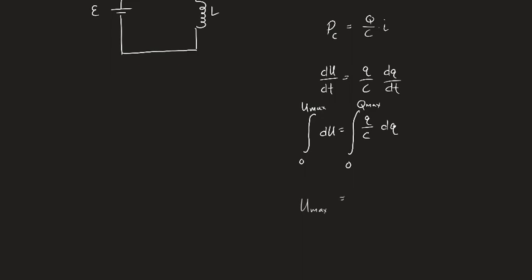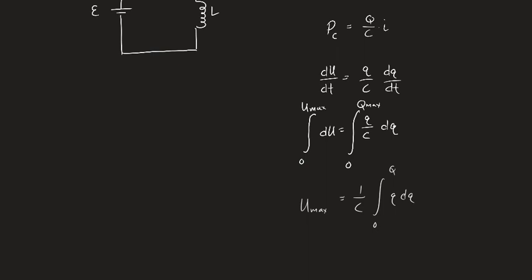This is a pretty simple integral, isn't it? I can factor out the 1 over C. And I have the integral from 0 to Q of q dq. So even a non-calculus student should know how to do this because we've done it. This is a polynomial.